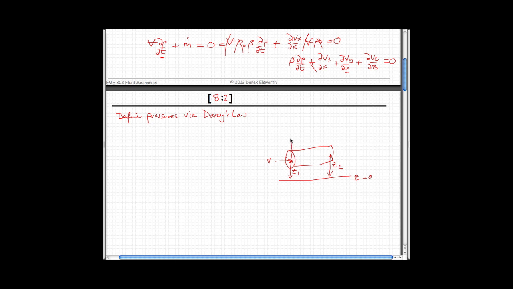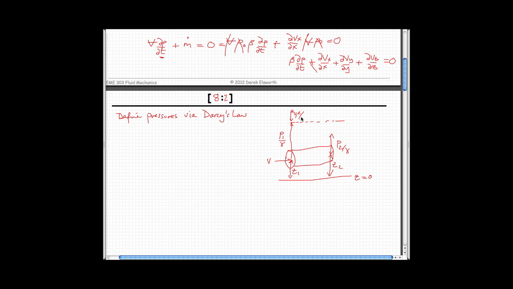You apply a pressure to it, which would be P1 over gamma. You apply typically a pressure differential, which is lower.